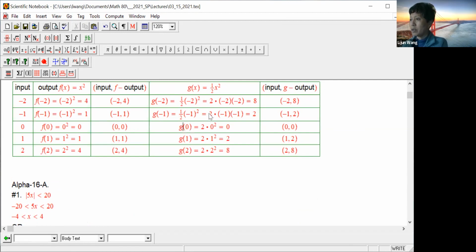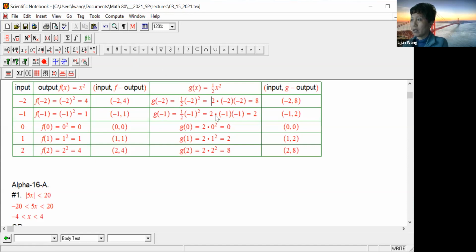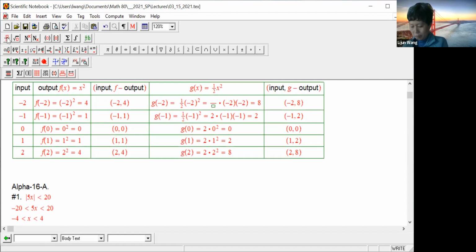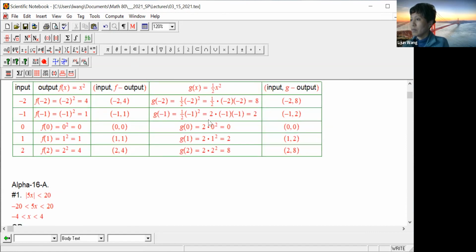No problem. We're going to have fractions. That's not a problem. We can deal with fractions. We can deal with decimals. No problem. Half. Okay, this is half.